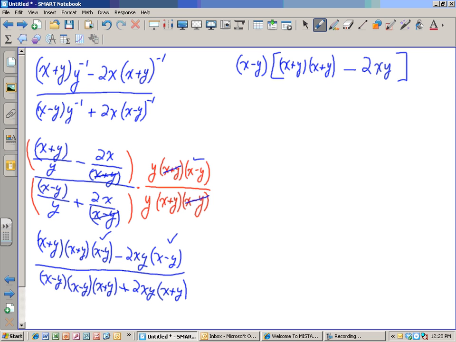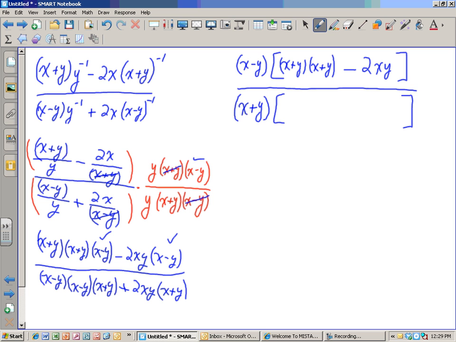Look at the denominator. What do they have in common? X plus y. So I'm going to factor out the x plus y. I'm taking out this x plus y.